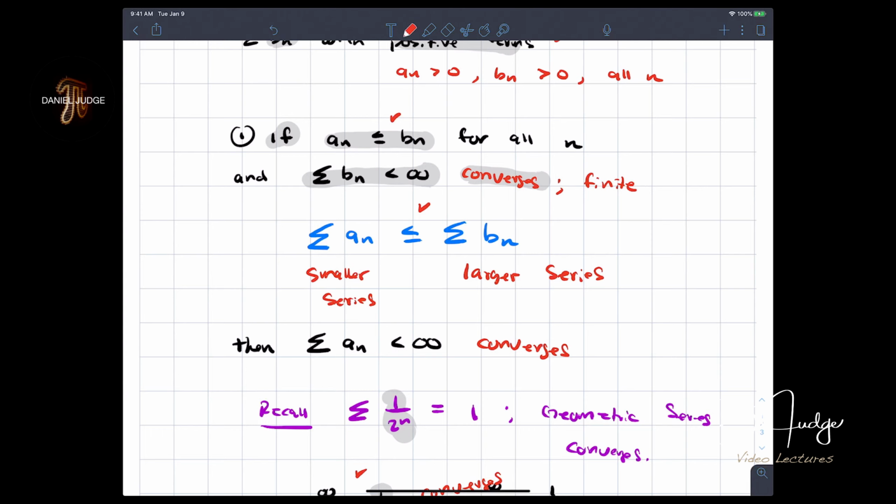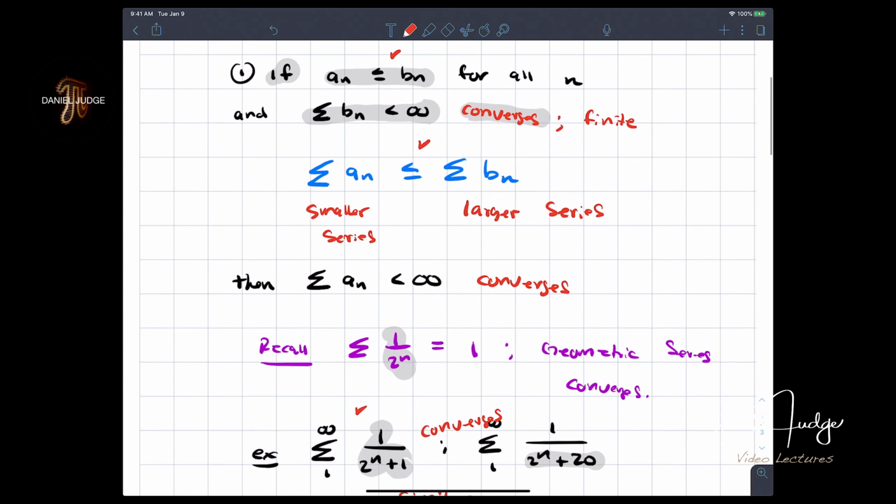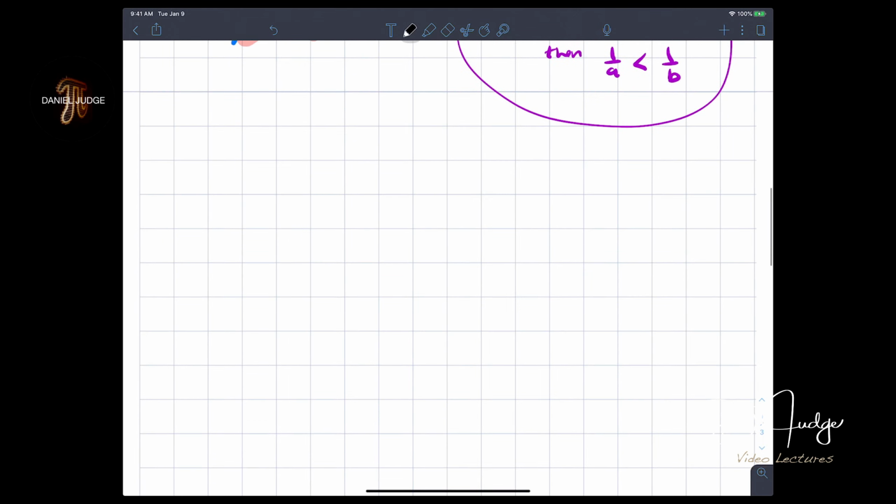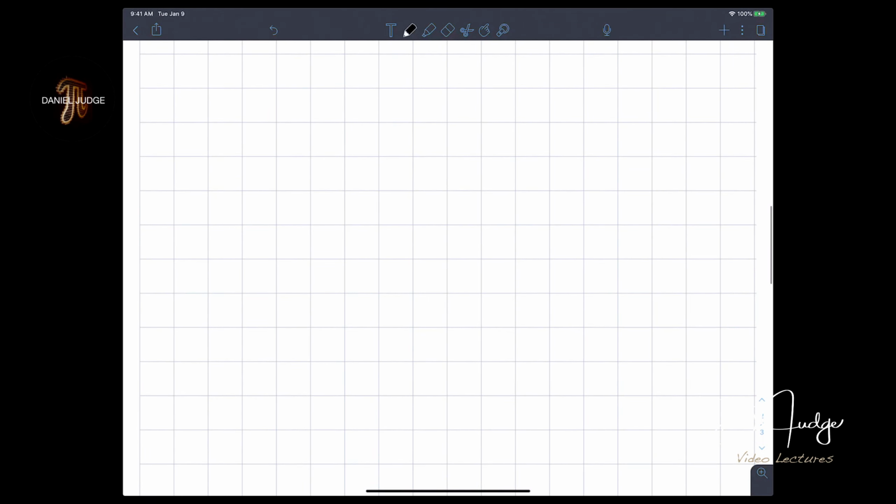And so the larger series converges implies that the smaller series, this one was smaller, also converges. Now, that's what we say by comparison. The second thing that we have to say in the comparison test is we have another criteria. If AN is at least as big as BN for every term.